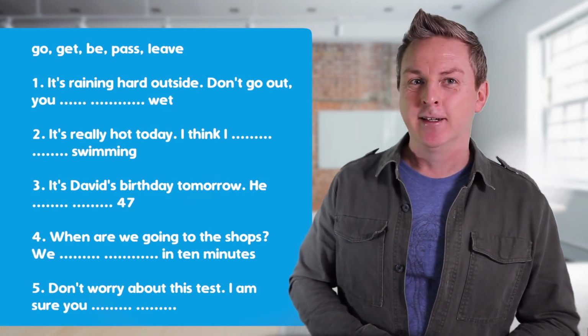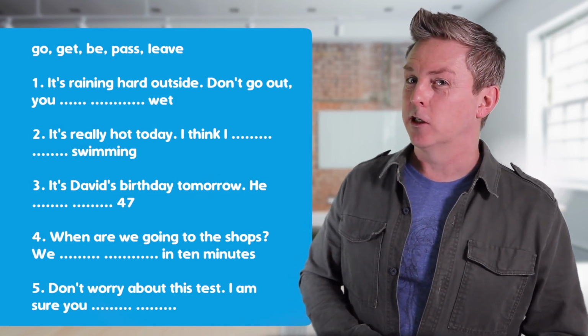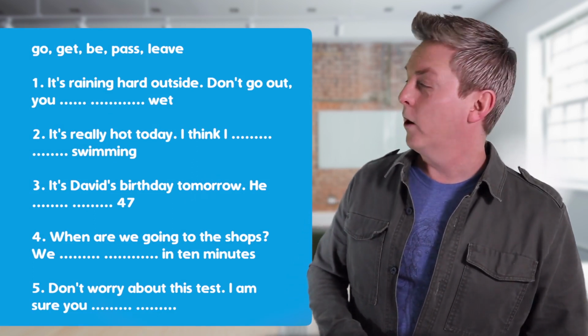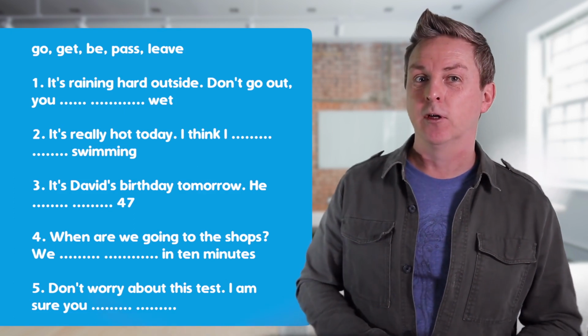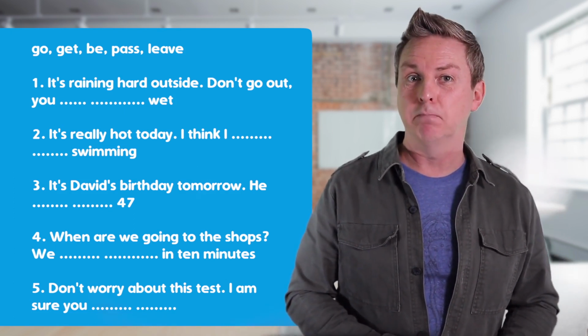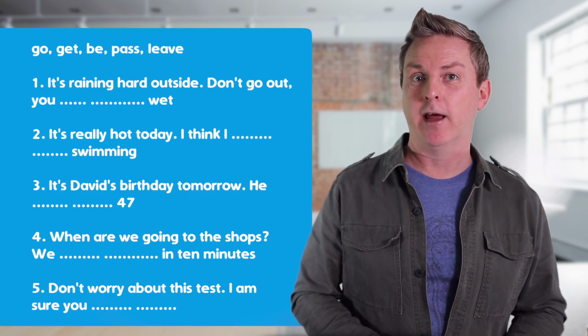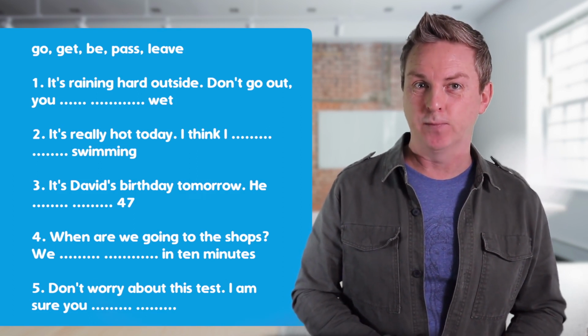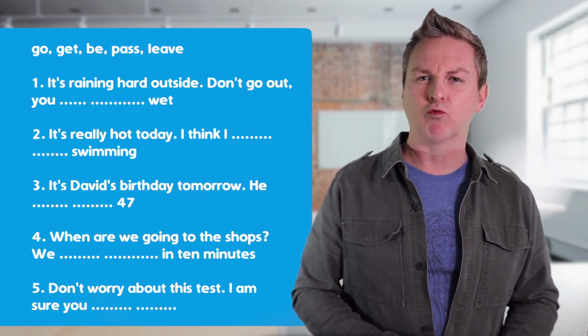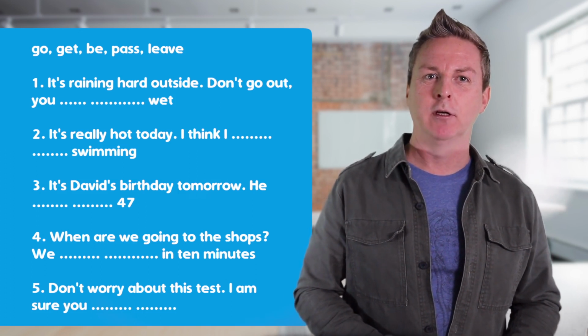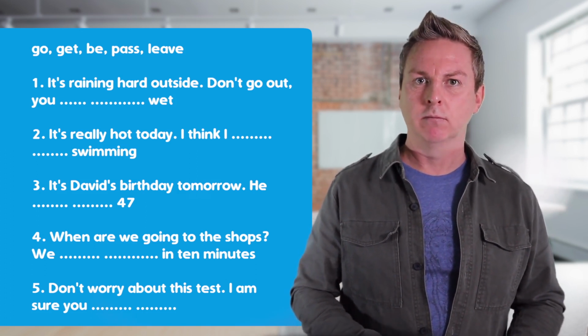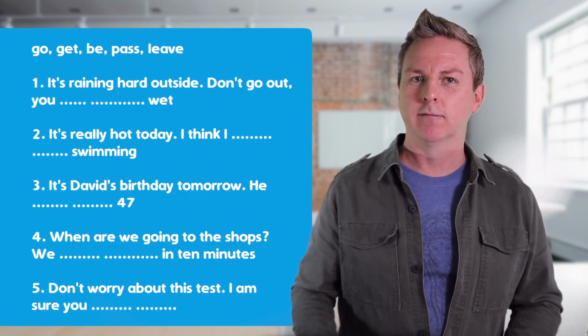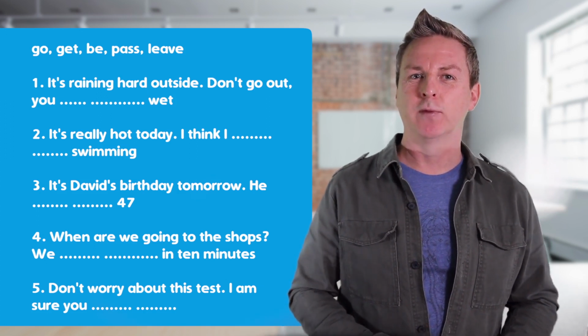Okay, let's see how you do in the test. Complete these sentences with will and one of these verbs. Go, get, be, pass, and leave. So, number 1. It's raining hard outside. Don't go out, you will get wet. Number 2.